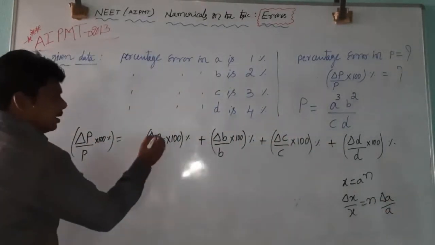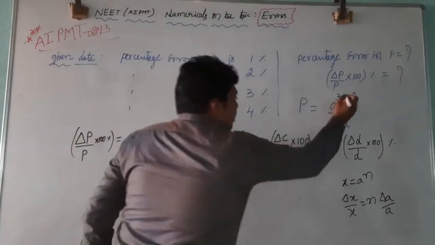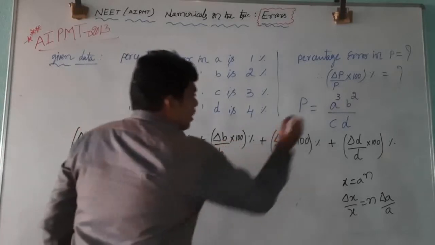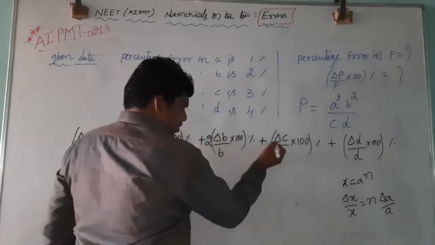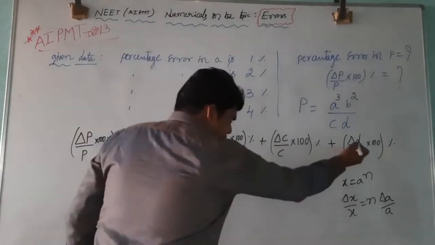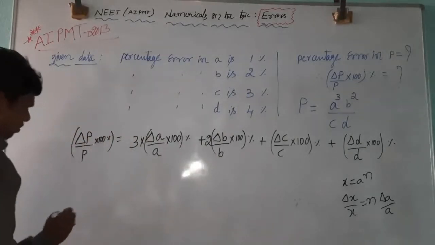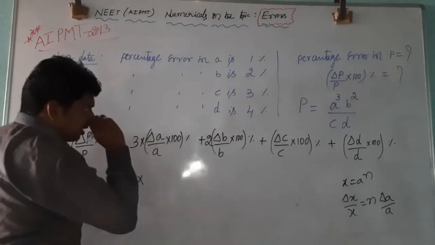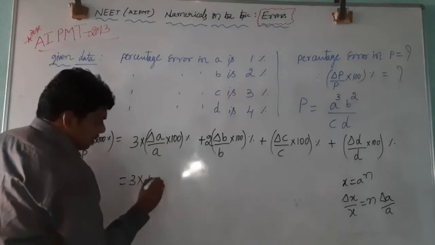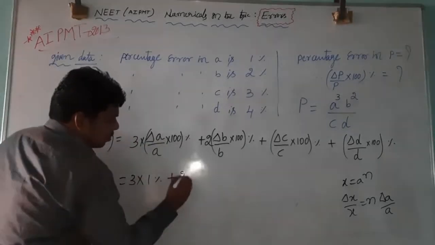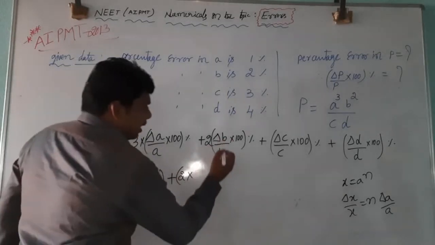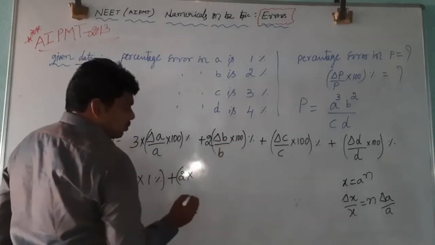Here, what is the power for A? 3. What is the power for B? 2. What is the power for C? 1. What is the power for D? 1. There is no problem. Now, write the answer. 3 into delta A by A into 100%, what is that? 1%, plus 2 into delta B by B into 100%, what is the value?